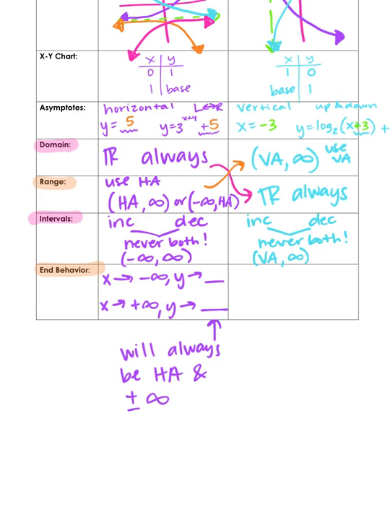So that will always be my interval of increase or decrease, from the vertical asymptote to positive infinity. And what changes here is that for my end behavior, x is going to approach my vertical asymptote on one side. On the other side, it will approach positive infinity.